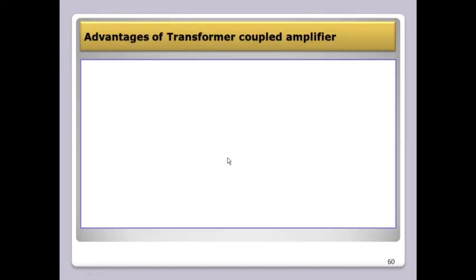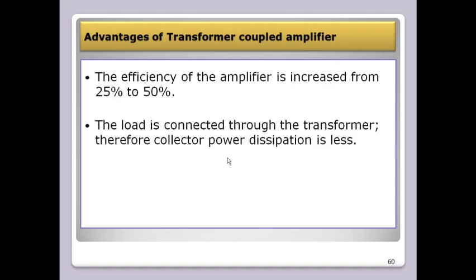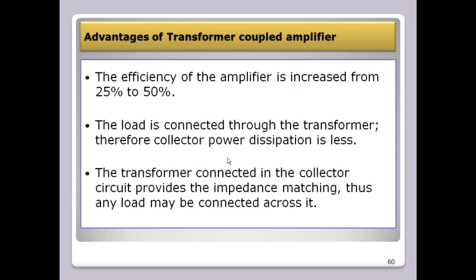So now we come to the advantages of this amplifier. The efficiency of the amplifier is now increased from 25% to 50%, because the resistive load gives only 25% efficiency and the transformer load gives 50% efficiency. The load is connected through the transformer, so the collector power dissipation is reduced, and the transformer connected in the collector circuit provides good impedance matching.